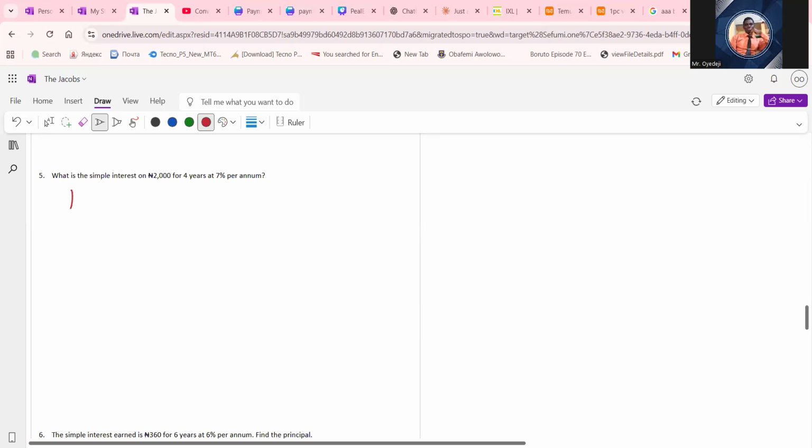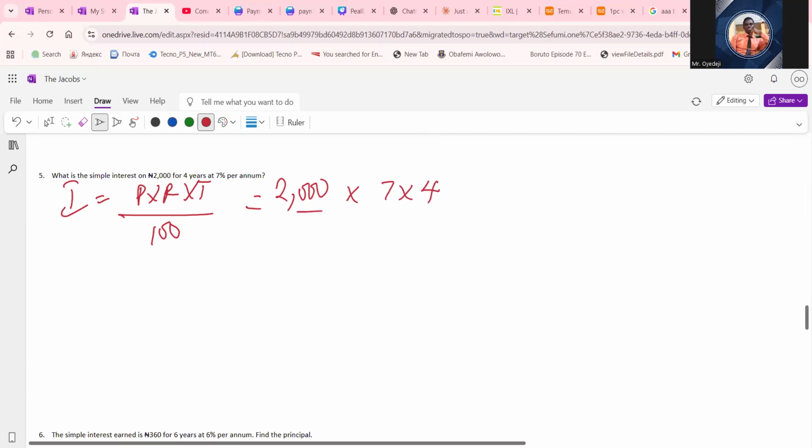So we have interest equals principal times rate times time over 100, which equals principal, 2,000 naira, times rate, 7, times time, which is 4 years, over 100. This is very straightforward. 0 cancels 0, 0 cancels 0. So we'd have 20 times 7 times 4. 20 times 7 is what? 140. 2 times 7 is 14. Times 4. There's no point doing it at once. You can do it step by step.